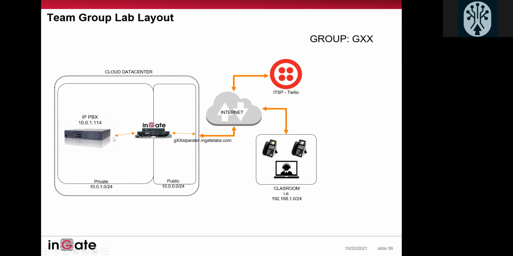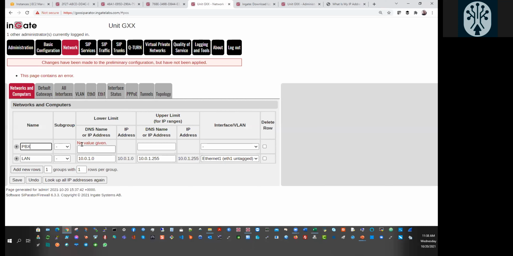That's the IP address of my PBX, this interface over here. So I'm going to call PBX 10.0.1.114. I'm not going to put any upper limit because it's a single IP. I'm going to say this is on my ETH1 side.